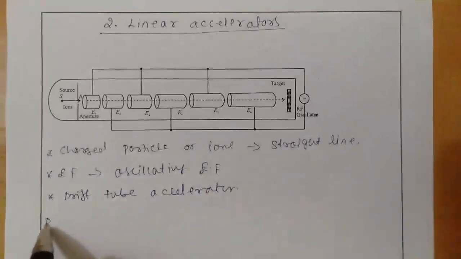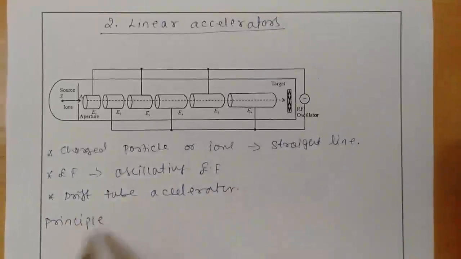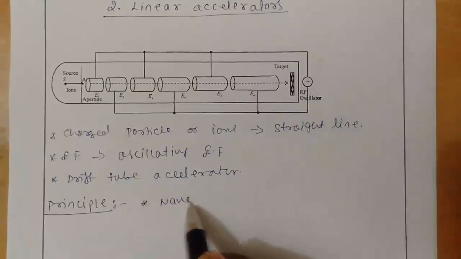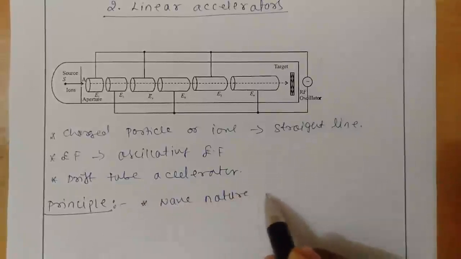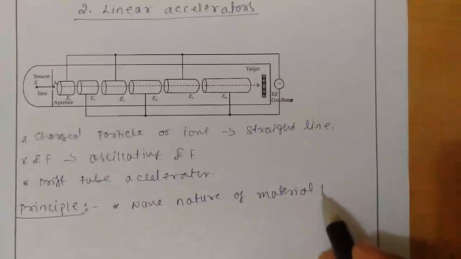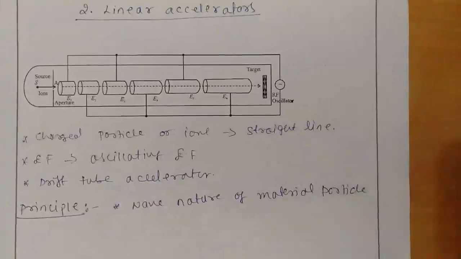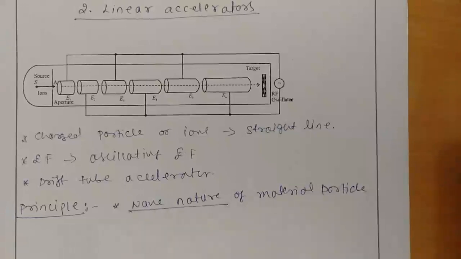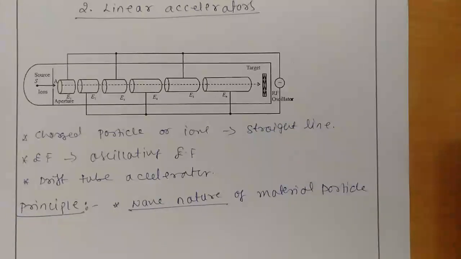So what is the principle of this? Let us study the principle first, and next we shall go for the construction. Once again we have to recall the wave nature of material particles. Whenever any material particle is in motion, it will definitely be associated with a wave nature. The principle of this drift tube accelerator is that charged particles or ions, like electrons and protons, are material particles.